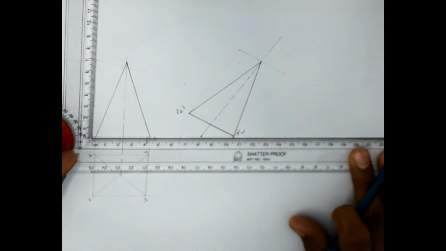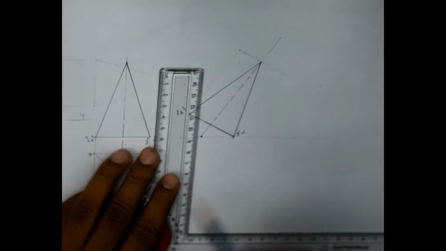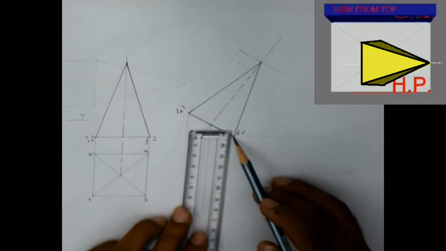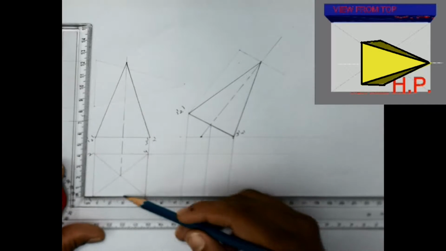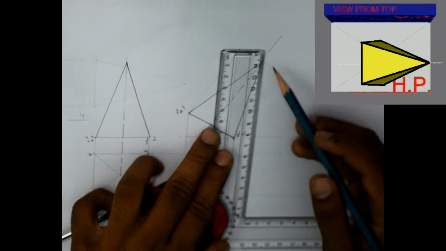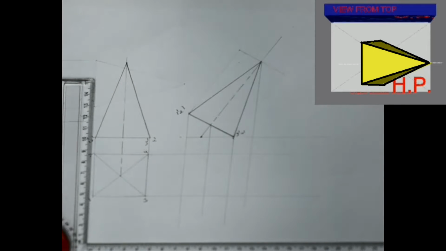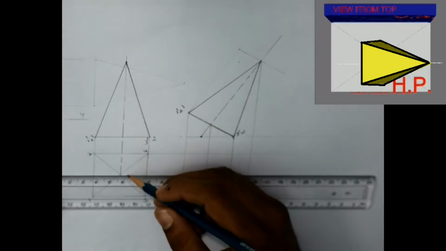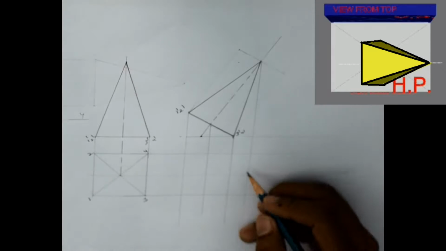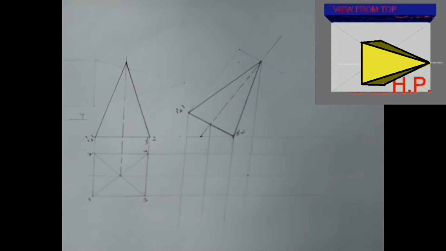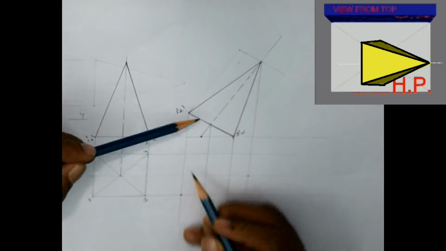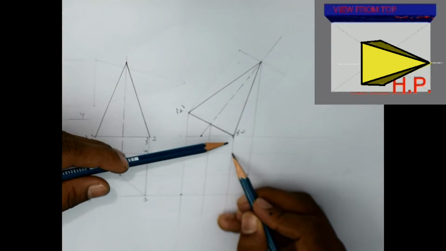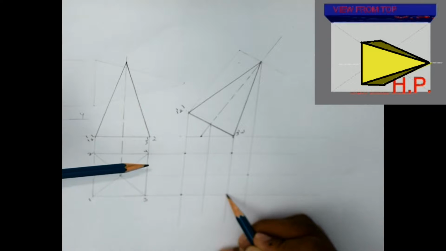Again, taking the projection lines from the front view, and from this top view also you need to take projections from the apex point, so that we will get the apex point here. One from here and one from here, they are meeting at this point. Second point is meeting at this point. Fourth point, and this is the third point.